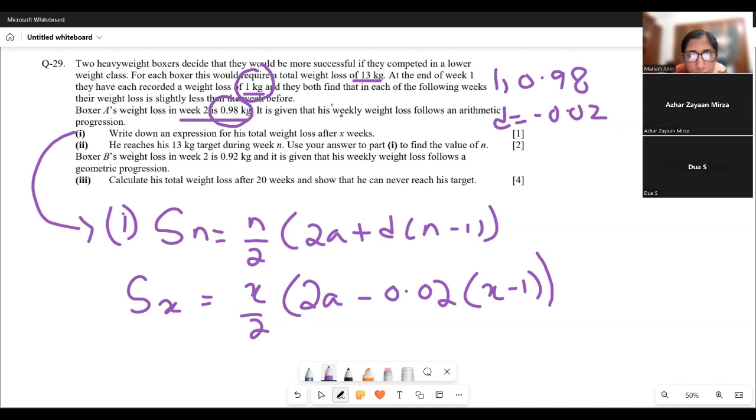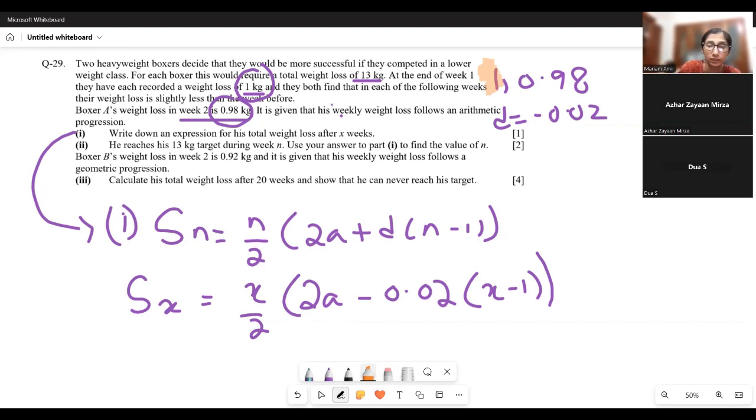What do we do about a? Let me check. Oh, ये पता तो है 1. First week 1 kg weight is lost. Second week 0.98 kg weight is lost, and this follows an arithmetic progression.